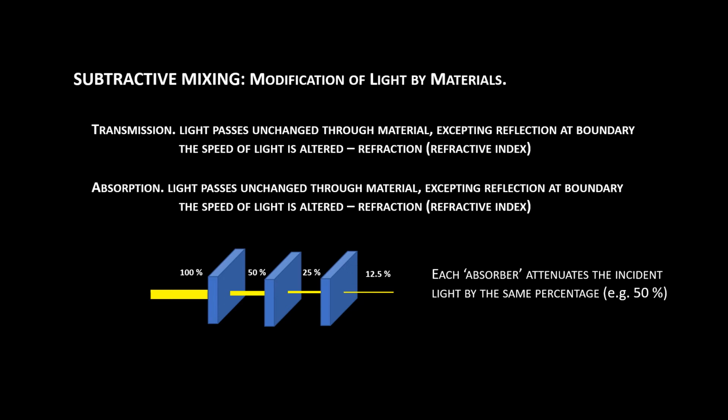So if we combine three of those filters or absorbers, each stage reduces the previous stage by 50%. So we go from 100% to 50% to 25% to 12.5%. And by examining those behaviors, we can rationalize what will eventually become the Beer-Lambert law.